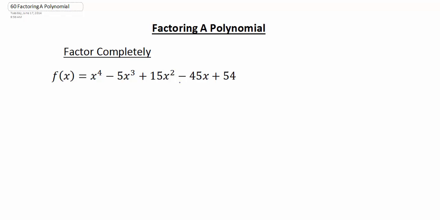So there's not really a good way to factor this without finding some of the zeros. So my first step is I want to look at the graph of this polynomial function. So I'm going to type this into the calculator.